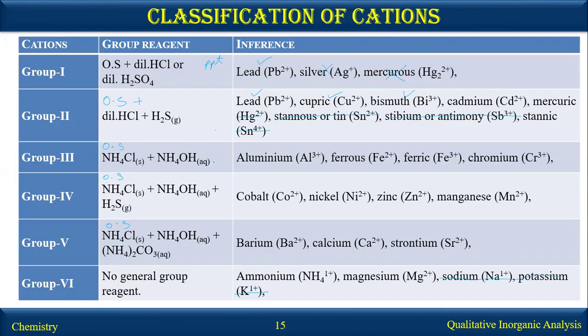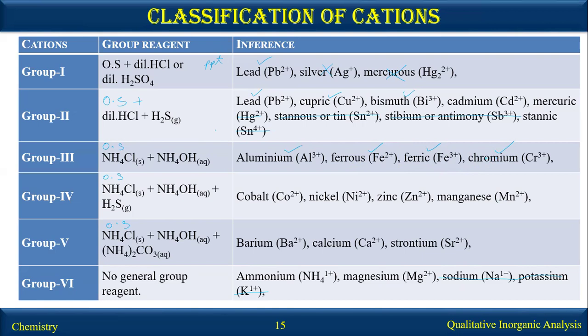Ammonium chloride and ammonium hydroxide is the group reagent for the group 3 ions. It contains aluminum, iron 3 that is called ferric, iron 2 that is called ferrous, and chromium. And usually these are commonly given in every college except chromium. Some colleges give chromium, but most of them do not.